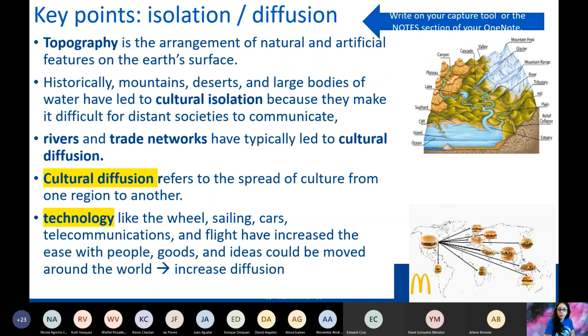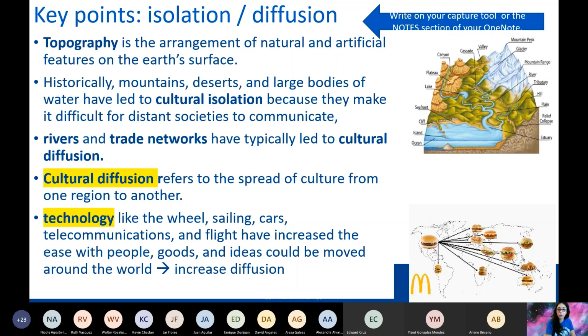In Unit 1, we also learned about isolation and diffusion. Isolation is when a place is all by itself without a lot of interaction with other places. Diffusion is the spread of ideas, culture, technology, trade, disease from one place to another. So why are some places in the world isolated? Why are others very, very interconnected?